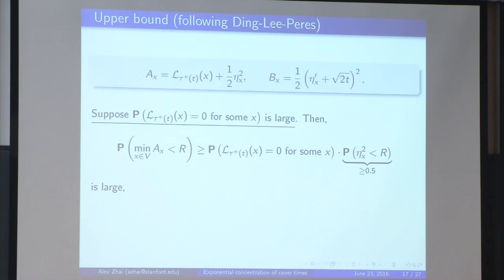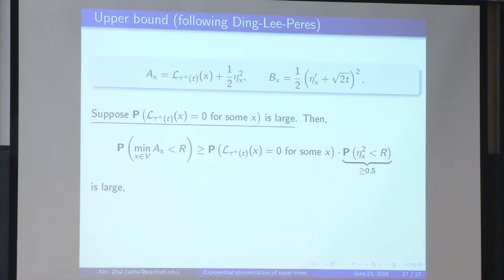Well, if the local time is likely to be 0 for some x, then this left-hand side of the Ray-Knight theorem is likely to be small, simply because we have the local time being 0 for some x, and then for that x we have an independent Gaussian here, which has variance at most r.